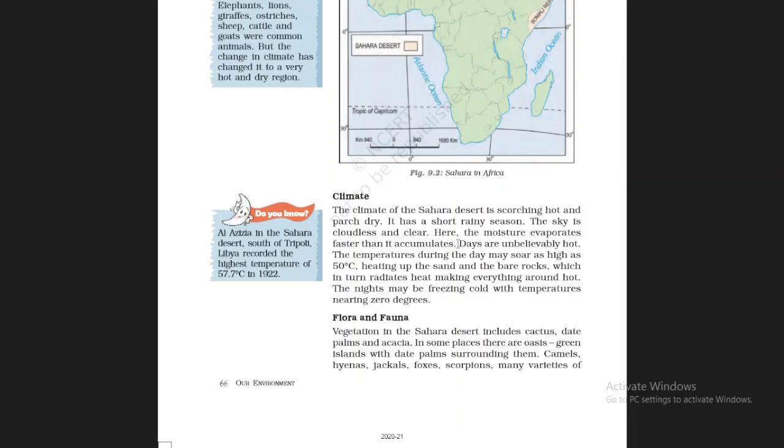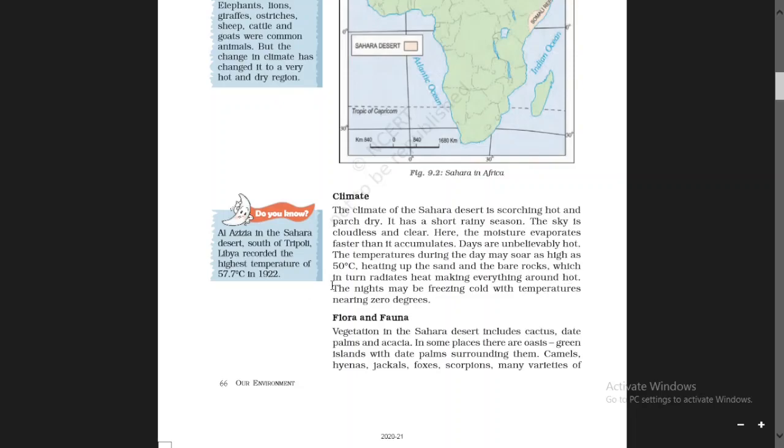Days are unbelievably hot, unbelievably means extremely hot. The temperatures during the day may soar as high as 50 degrees Celsius, heating up the sand and the bare rock, which in turn radiates heat, making everything around hot.